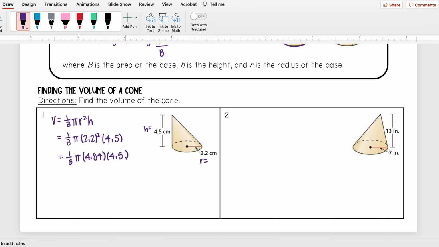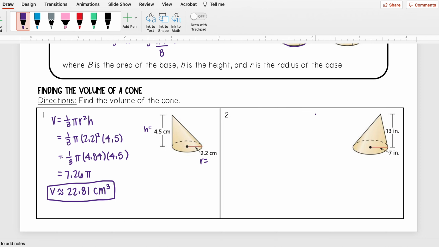And times 4.5. And when I multiply all of those together, I get 7.26 pi. And multiplying that out, I get approximately 22.81 centimeters cubed. And so this time my units are cubed because I am finding the volume now.